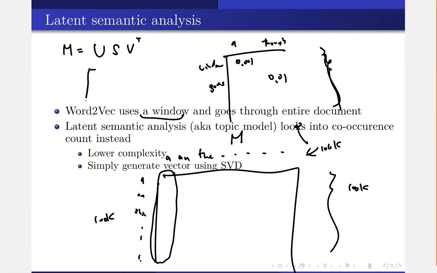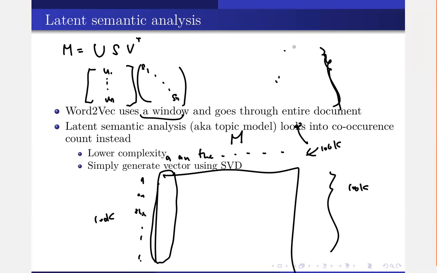Then I should have U here, U1 up to Un, then S1 up to Sn, which is a diagonal matrix, and V transpose, V1 up to Vn.